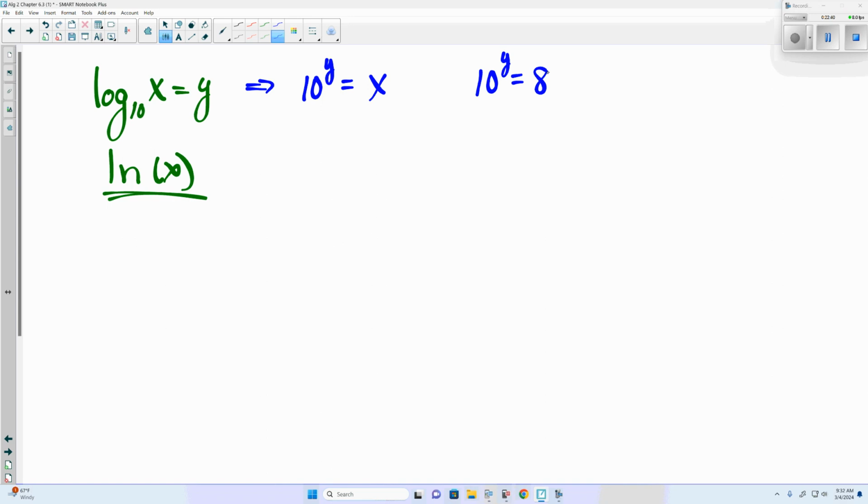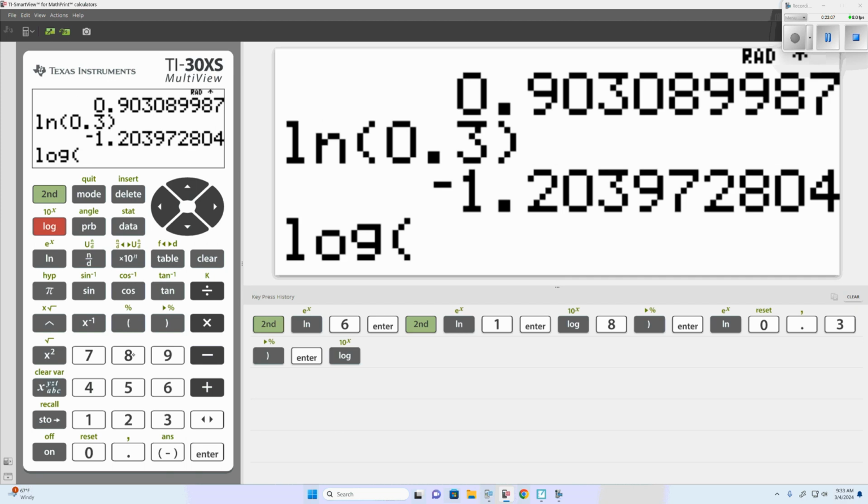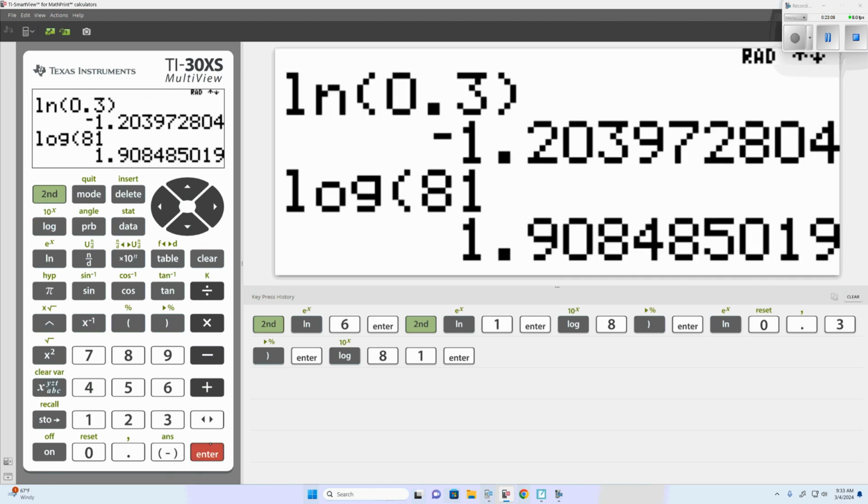So if I'm looking for 8, I'm expecting that exponent to be less than 1. That also means if this number is between 10 and 100, because 10 squared is 100, we should expect the answer to be between 1 and 2. So log of 81 should be bigger than 1, but smaller than 2. Which is the case.